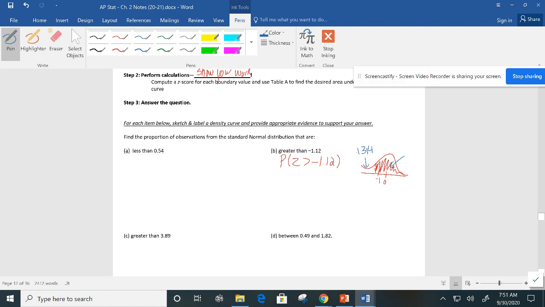So to get my answer, I'm going to do 1 minus the probability that z is less than negative 1.12, or 1 minus 0.1314, which is going to get me an answer of 0.8686 as that shaded red region.